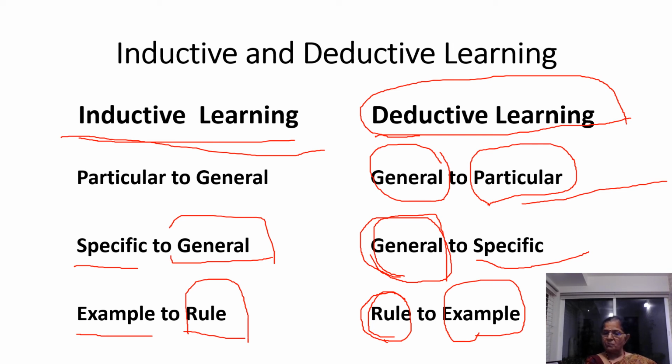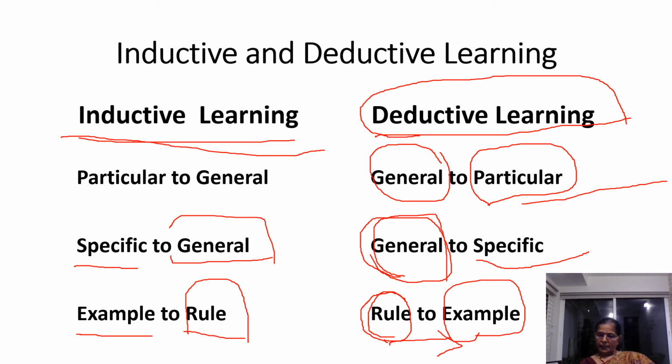And they go and verify, yes, banana leaf is green in color, and jasmine leaf is green in color, and hibiscus is green in color, and mango leaf is green in color. So they go from the rule to the example.